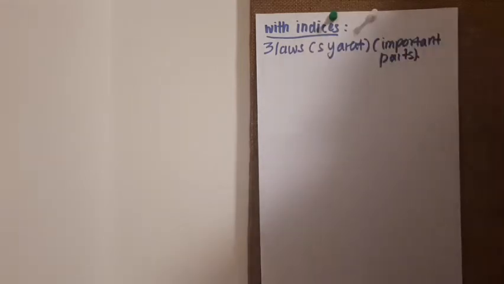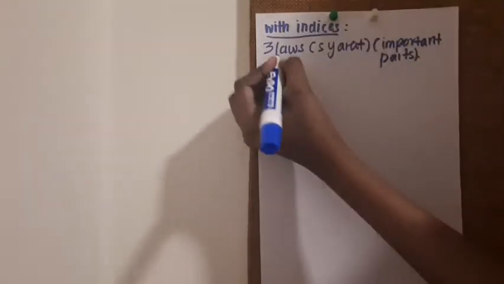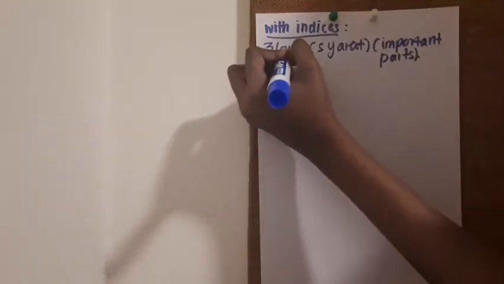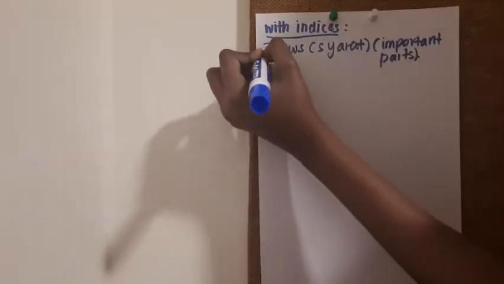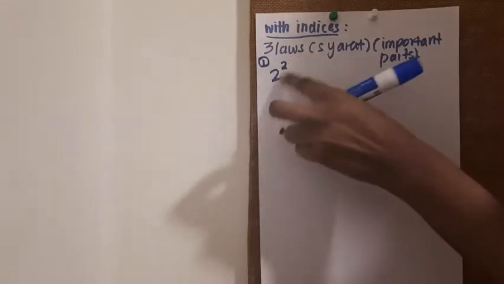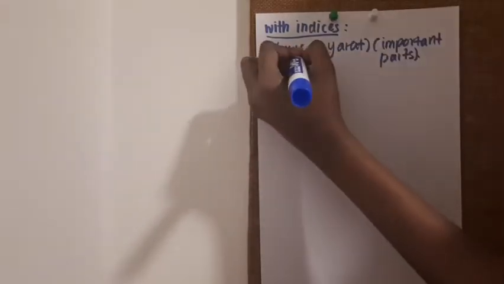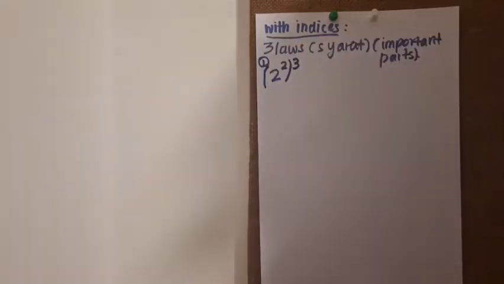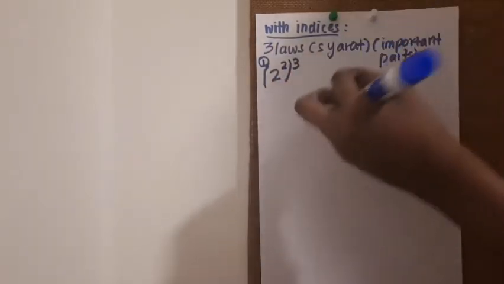I will show you an example, maybe an example that you always know. Let's say 2 to the power of 2. The first law is, let's say 2 to the power of 2, and you are given to cube it, or do a power of it.